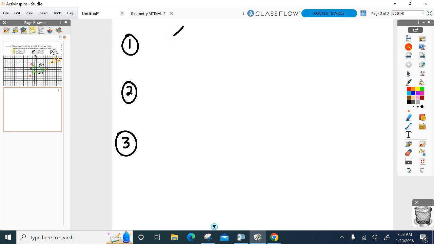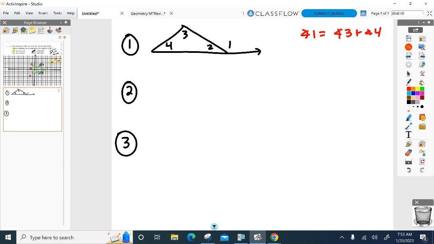Let me draw the diagram, and maybe you can tell me the first one. What's angle 1 equal to, Sophia? Angle 3 and 4. I want to use some vocab now too. What do I call angle 1?